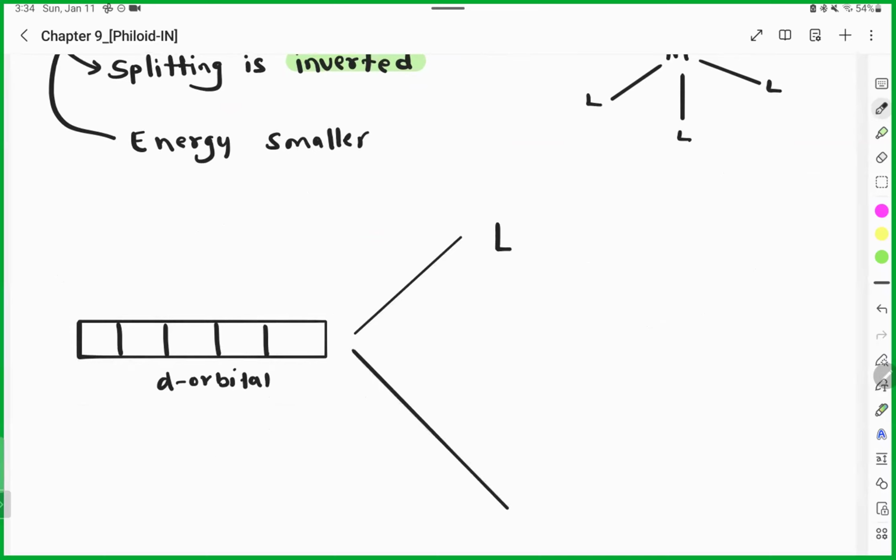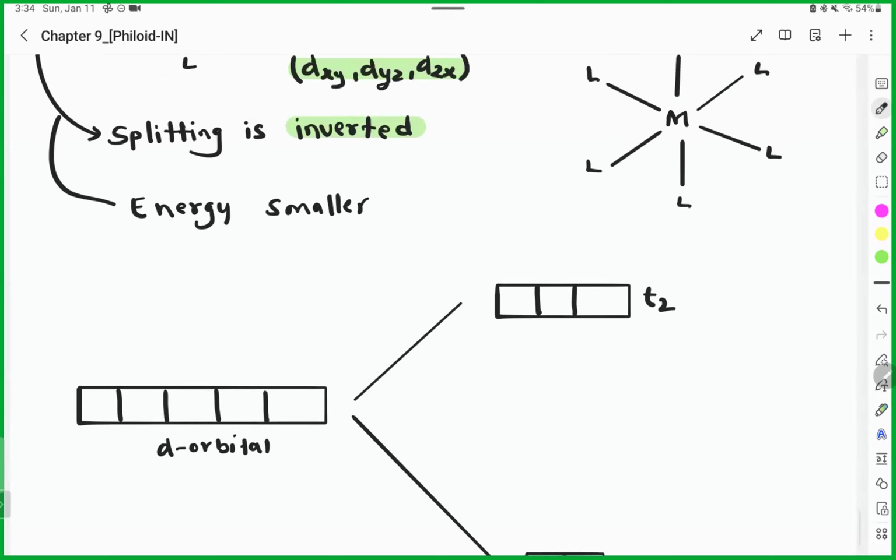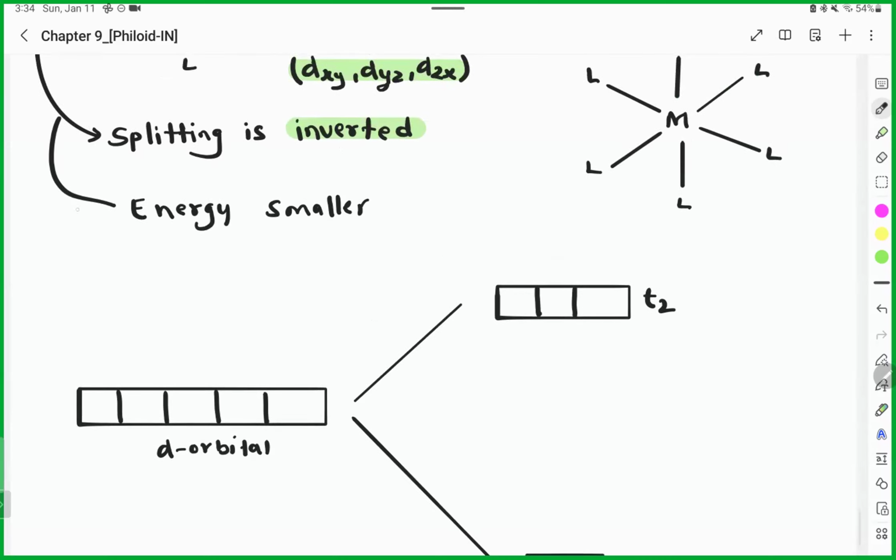One is t2, not t2g. We don't use g here. And here you will have 2 orbitals only, e, not eg. The reason why we don't use g here is because of no symmetry. It lacks symmetry in case of tetrahedron.